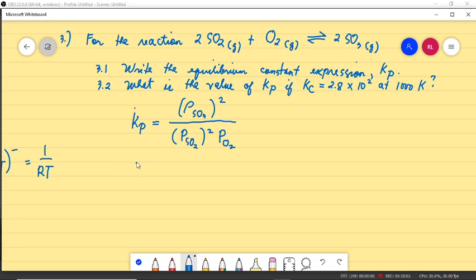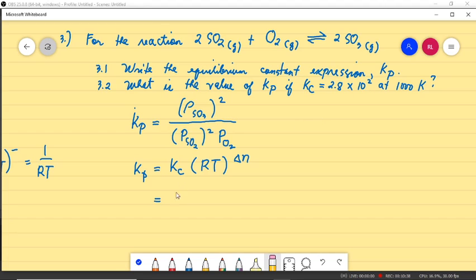So we will use this formula, K sub P is equal to K sub C times quantity RT raised to the power of delta N. We don't have to calculate for K sub C since it's already given, so we will just substitute this to the equation.